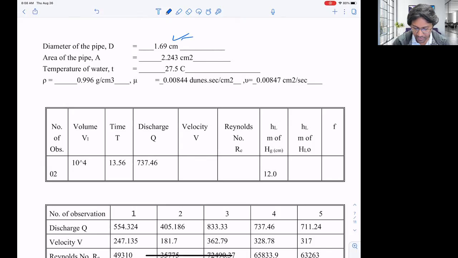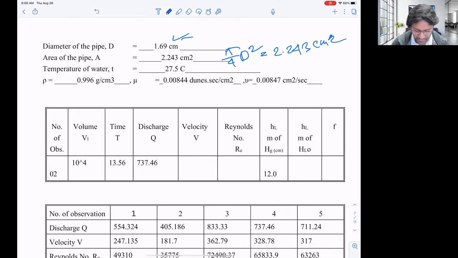Once we have the diameter of the pipe, we can apply the formula, right? Pi divided by 4 and d square. So pi, 3.1416, divided by 4, multiplied by 1.69 squared, gives us 2.243 centimeter square.